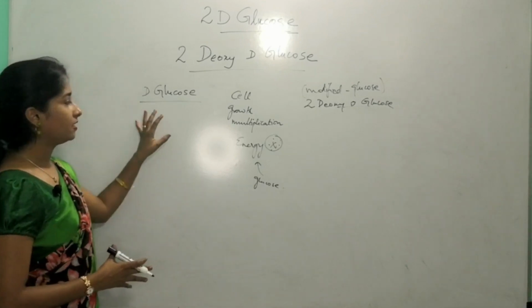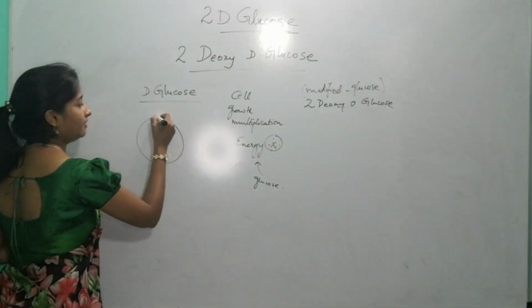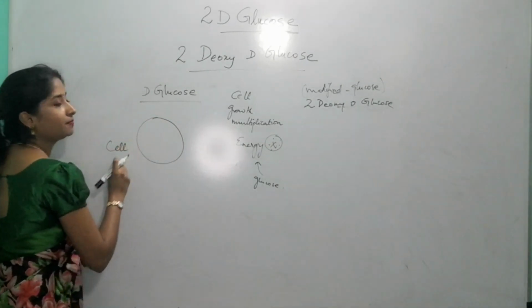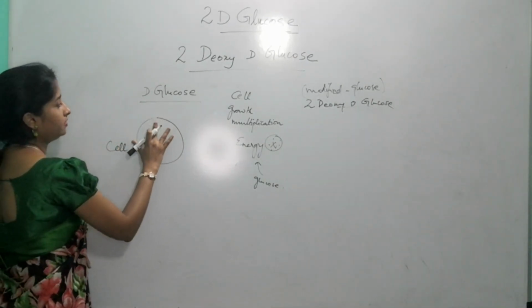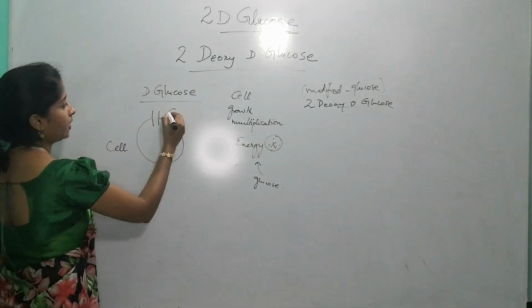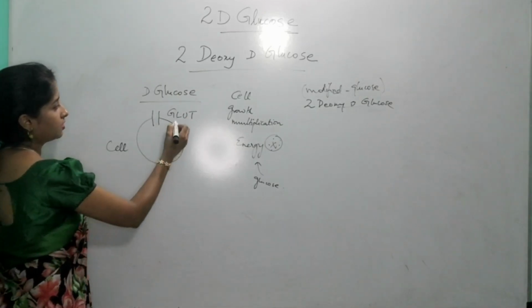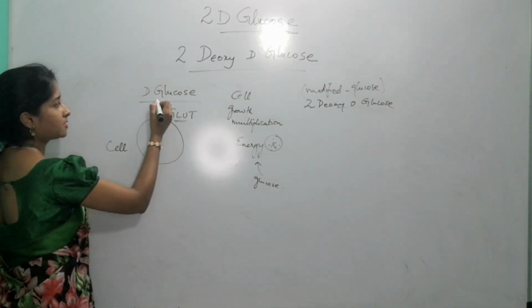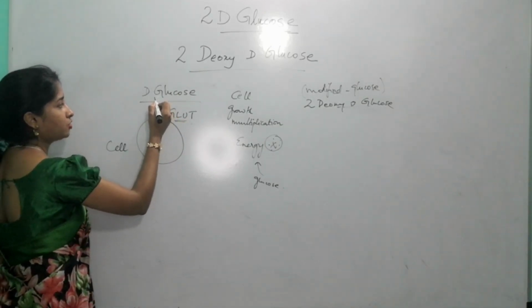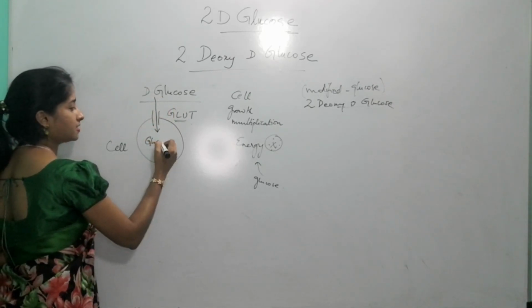So let's see, if you take a normal glucose, the glucose will enter the cell. Consider this as a cell. Okay, so to enter the cell, the glucose needs some vehicle. That vehicle is called glucose transporters. These glucose transporters help in the transportation of the glucose into the cell. So the glucose enters the cell.